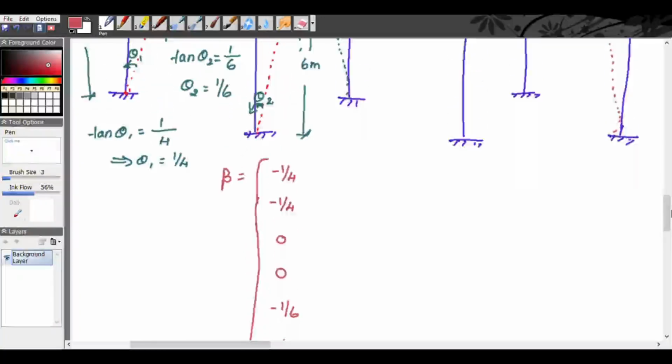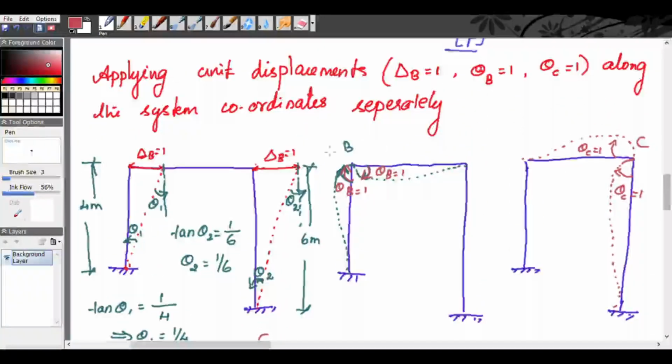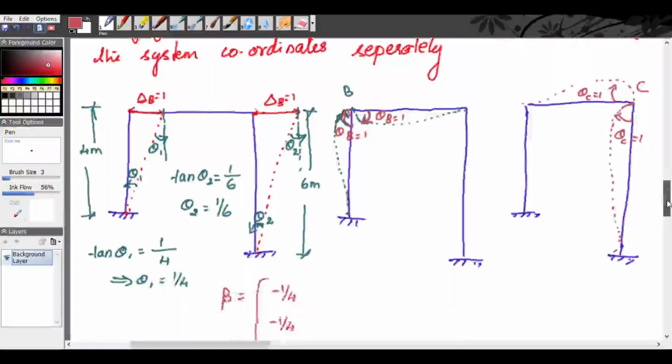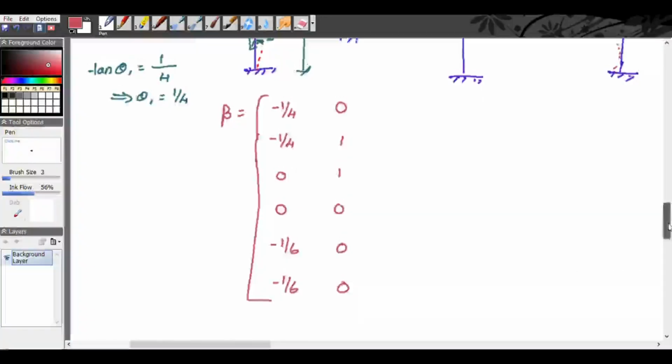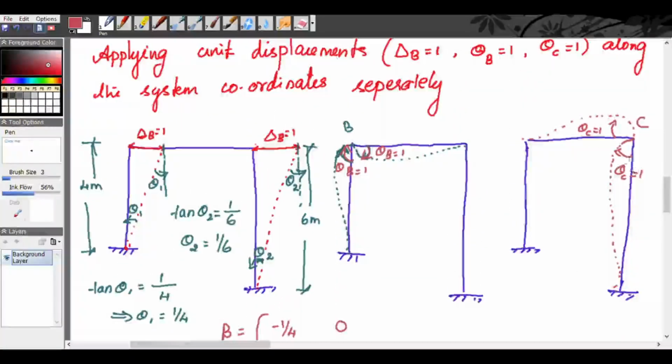Now for the second case, theta b is equal to 1. So here theta is 0. So 0, 1, 1, 0, 0, 0. Here it is clockwise rotation, so positive, right? So 0, 1, 1, 0, 0, 0. Now when you are applying theta c is equal to 1, clockwise rotations.